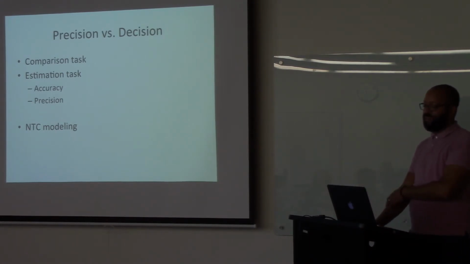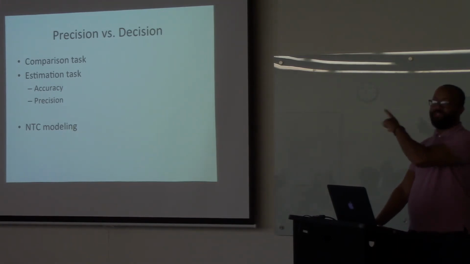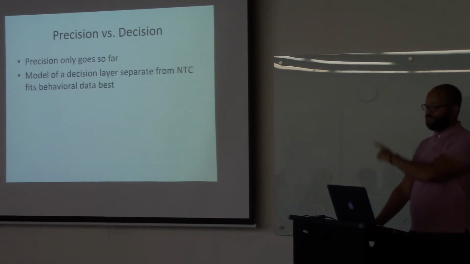So what we try to do is model this and see, if we get everyone's precision for their neural tuning curve from the estimation task, does that explain how well they do on the comparison task? If you're really precise on the estimation task, does that give you a ceiling for the comparison task? It doesn't.